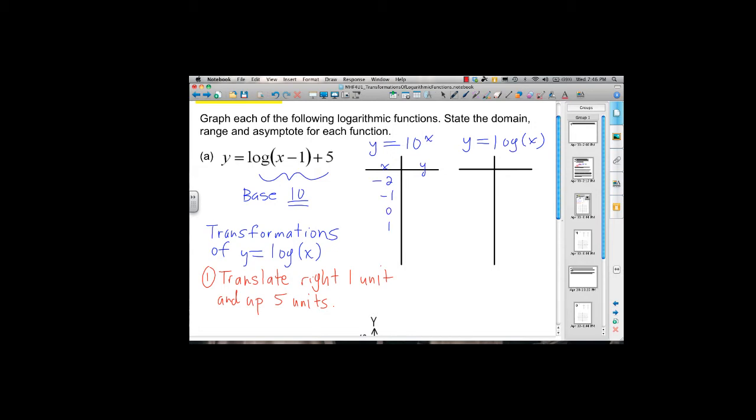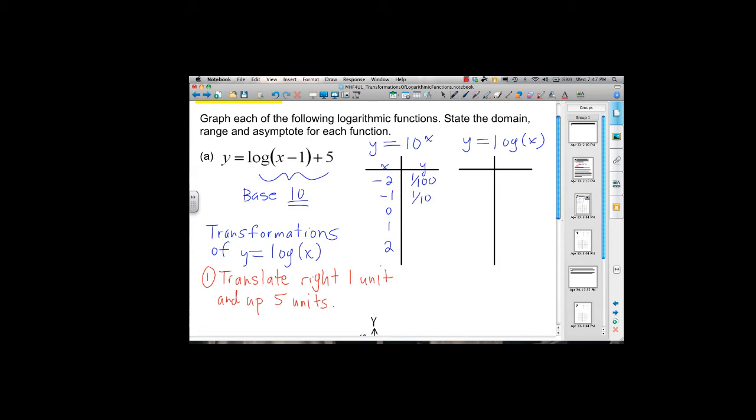So I'll pick a few values of x that we could try. Now, because this is base 10, we're going to find that the values are either very small or very large rather quickly. So picture if x is negative 2, 10 to the power of negative 2 would actually be 1 over 100, or 0.01. If x was negative 1, I would end up with 1/10, or 0.1.